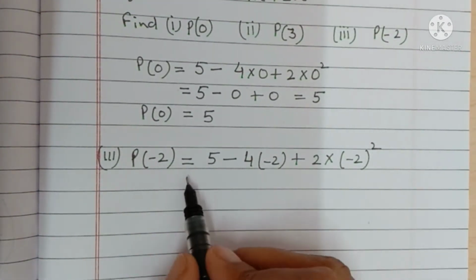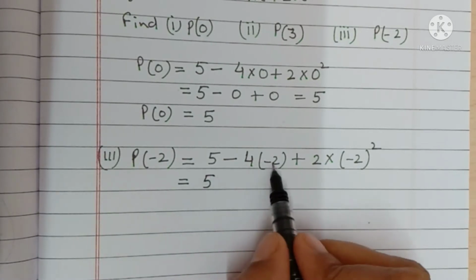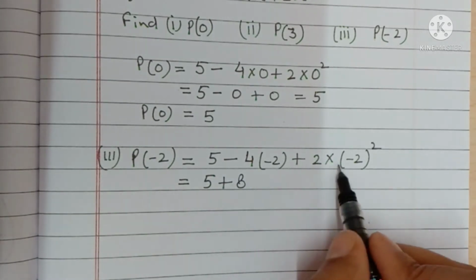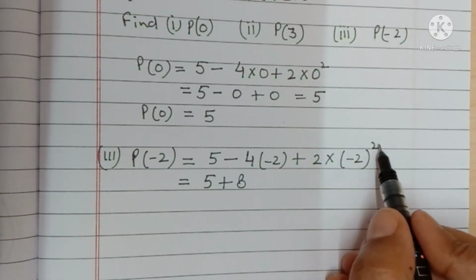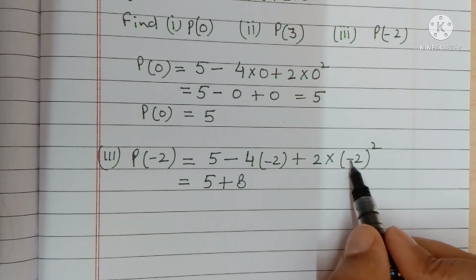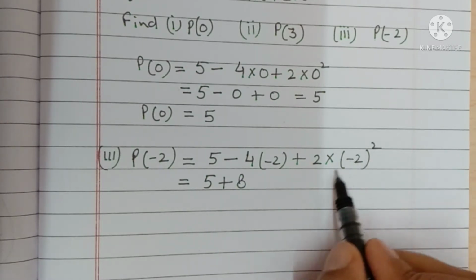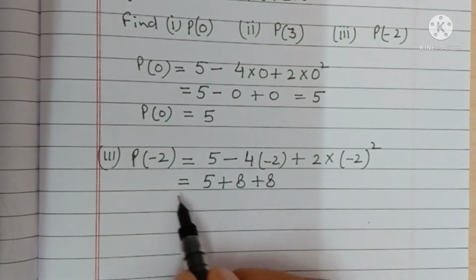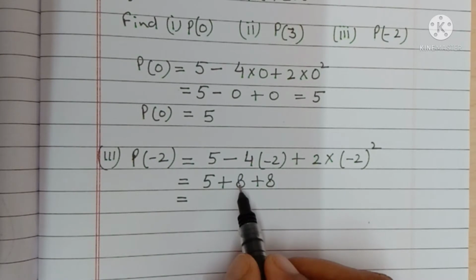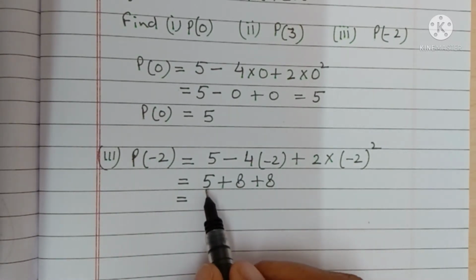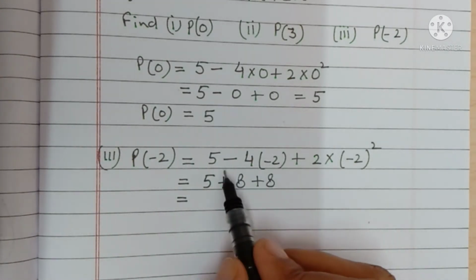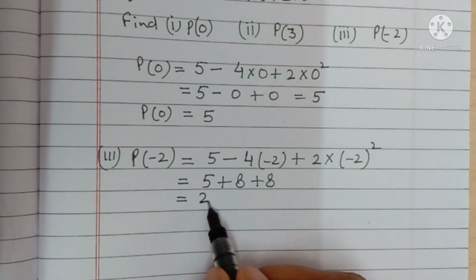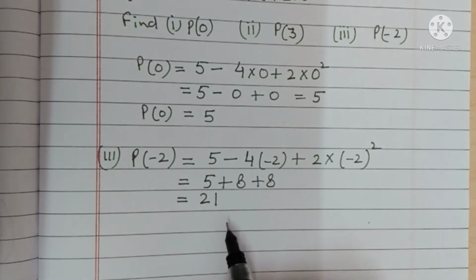This is the polynomial at minus 2. This becomes 5, and minus and minus makes plus 4 times 2 is 8, and minus 2 square becomes positive because of the even power, and 2 times 4 is 8. So 8 and 8 is 16, and 5, 16 plus 5 is 21. Answer.